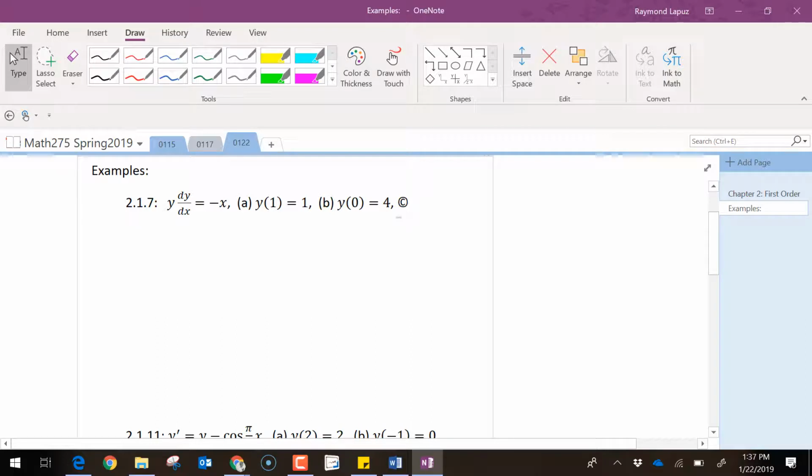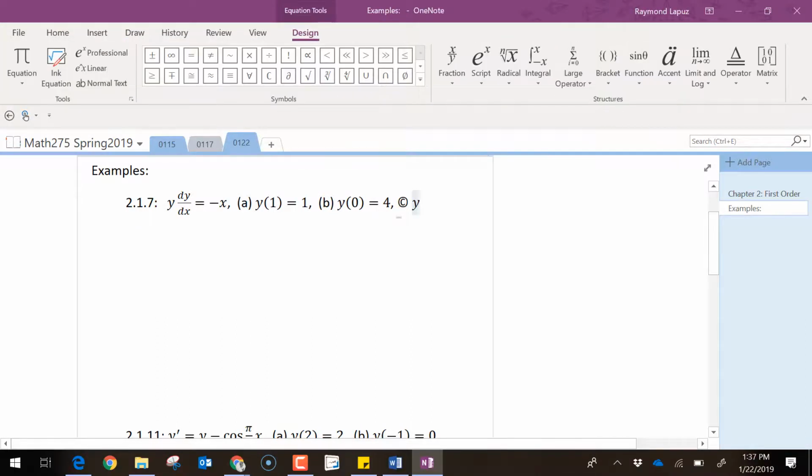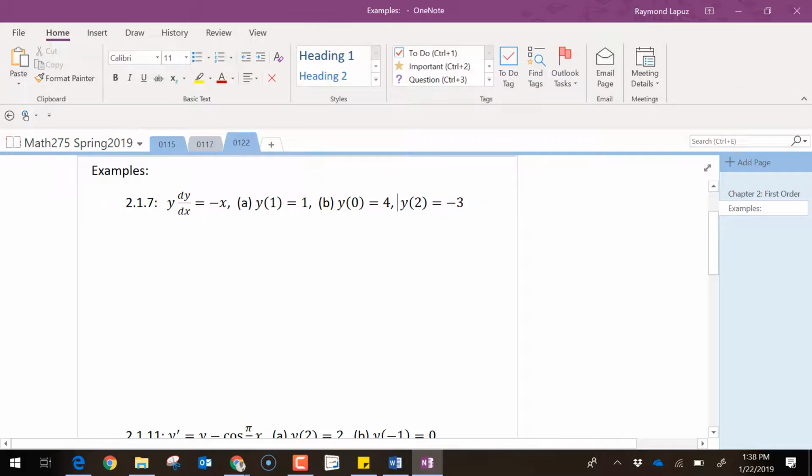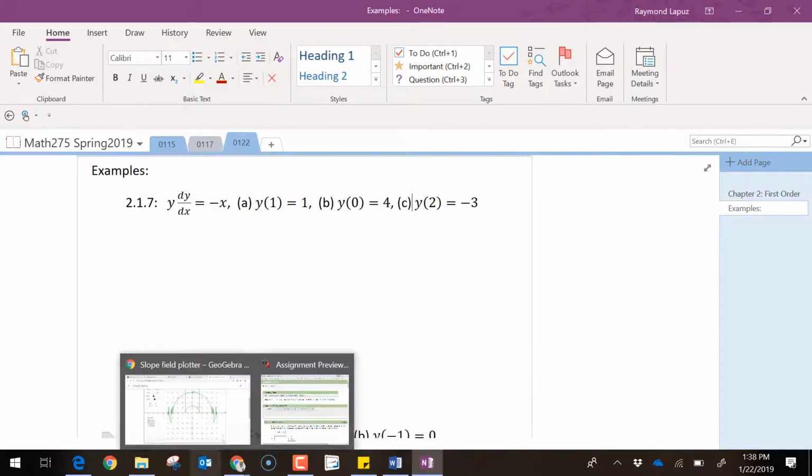C. Oops. And then say y of 2 equals -3. So let's put (2, -3) on the graph.